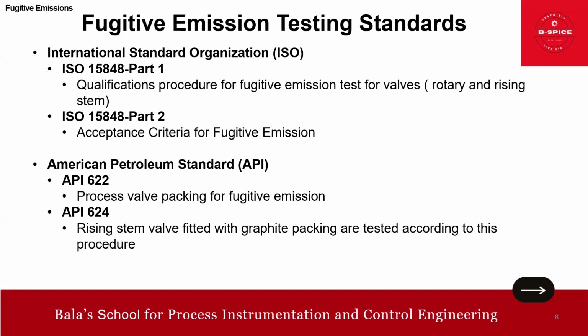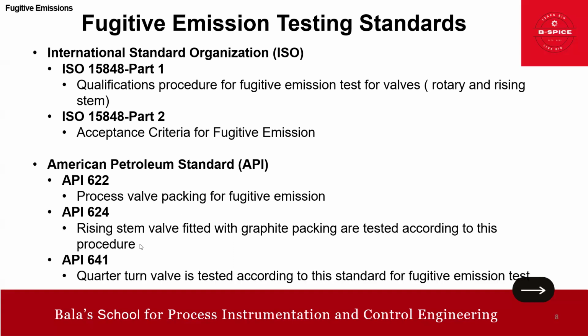Basically it talks about the testing scenario wherein a rising stem valve is fitted with graphite packing, again ultimately to reduce fugitive emission. Then we have API 641. This talks about the quarter turn valve for the fugitive emission test. So these are all about fugitive emission, friends.